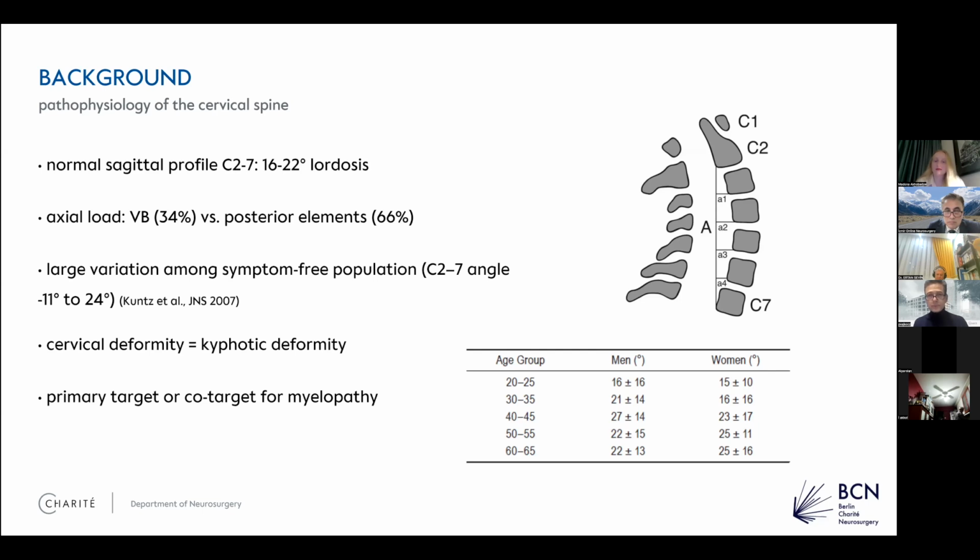And then you have to discuss whether you will treat only the myelopathy or you will treat the deformity as well. On the right lower, you can also see in the table that these measurements are subject to change when patients become older. And it's interesting to note that physiologically, the lordosis is increasing in elderly patients.